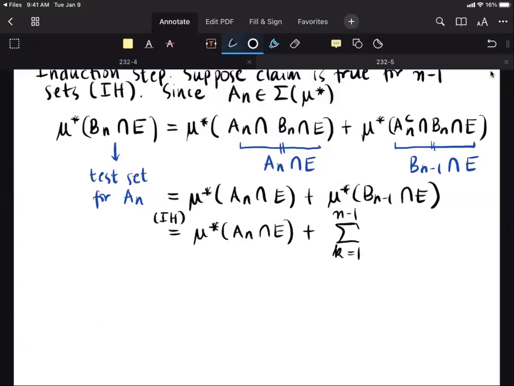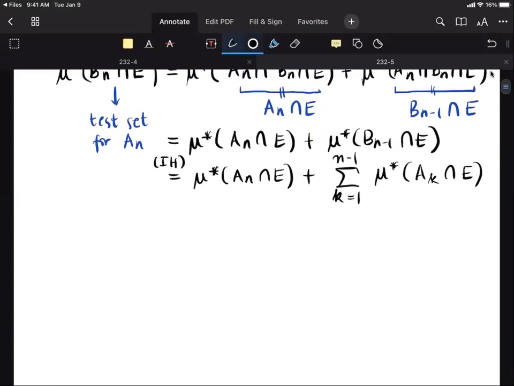So since our claim is true for n sets or n minus 1, then this should be the sum of the outer measure of A sub k intersection E, k from 1 up to n minus 1. And you can write this simply as the sum k from 1 to n.